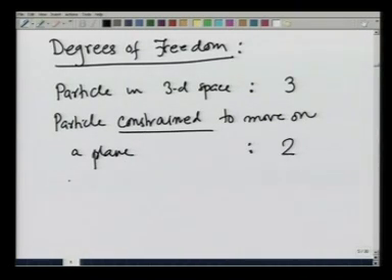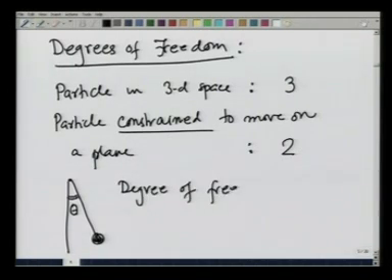Suppose I take a pendulum so that it swings in a plane. The only thing that I need to specify where the pendulum is, is this angle. Then the degree of freedom is 1.